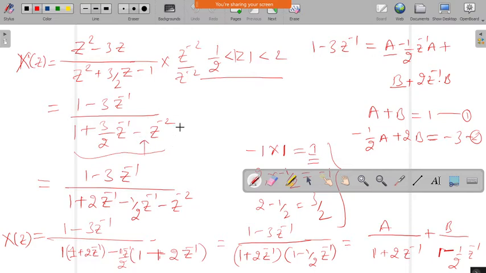Now we can see here, if you bring it in this form, is the numerator polynomial greater than the denominator polynomial? No, no.